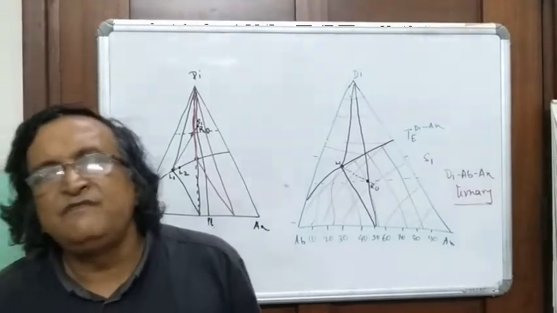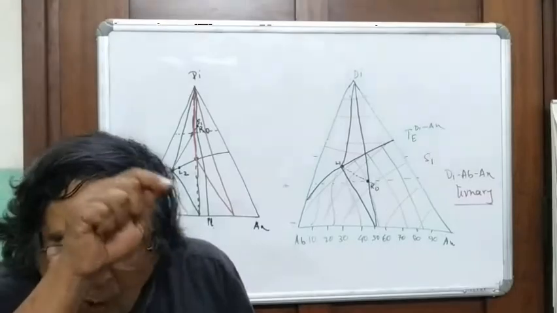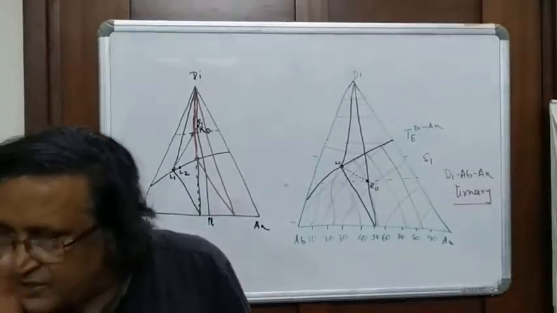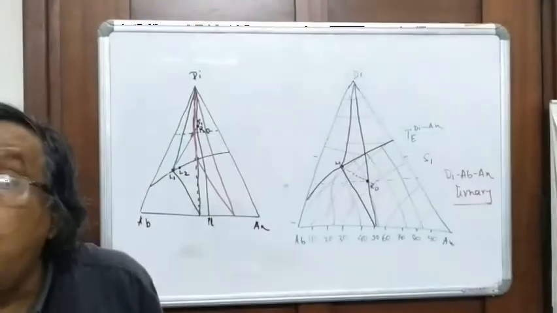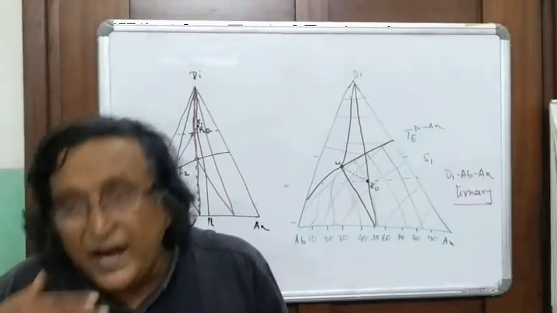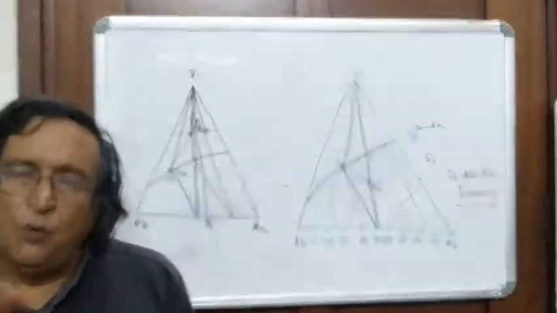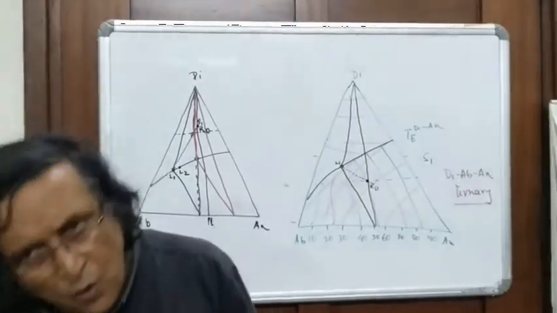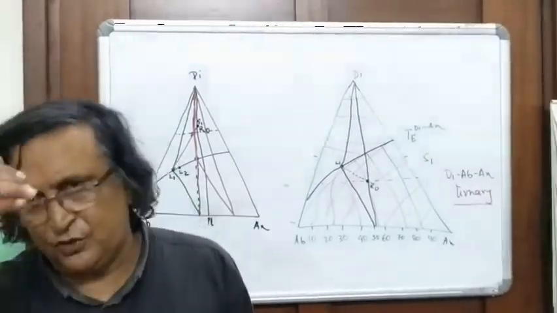Write down the values and you pinpoint the points where you get the melts. But remember, don't do it arbitrarily. Always ask yourself, why am I doing it? Why am I extending it? Why should I do this? What is the melt composition? What is the temperature? What is the proportion of the crystal? You go on asking yourself these questions for every step that you do.